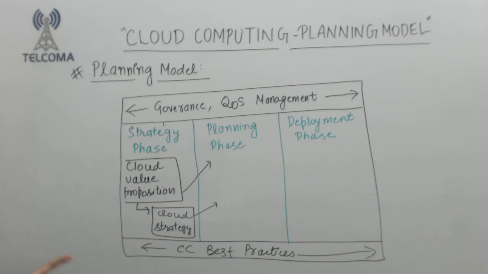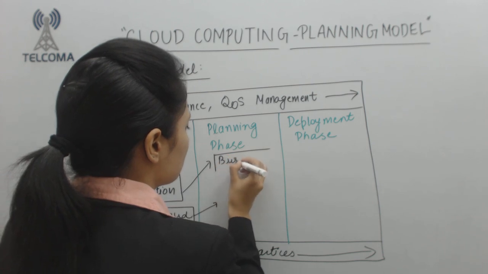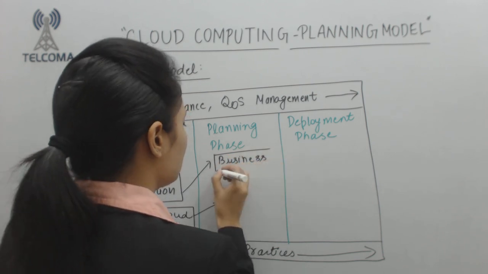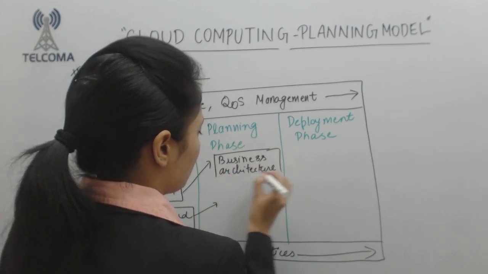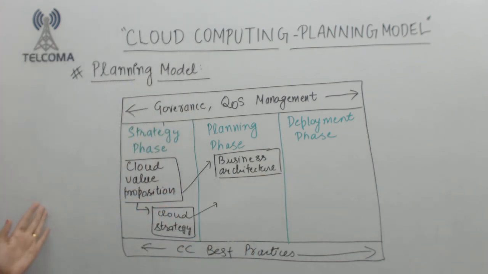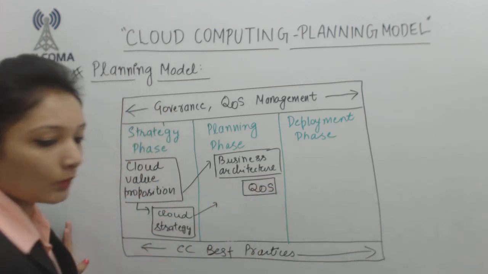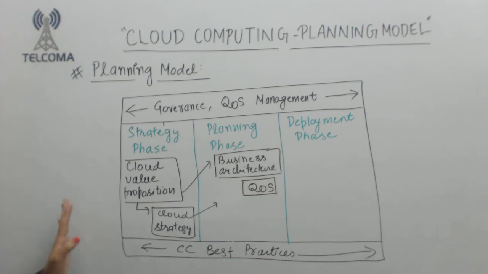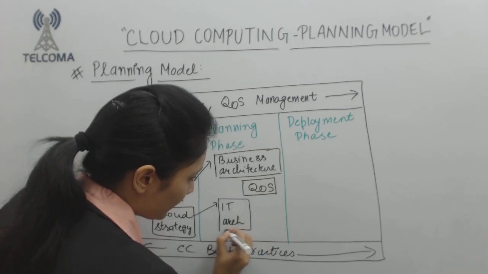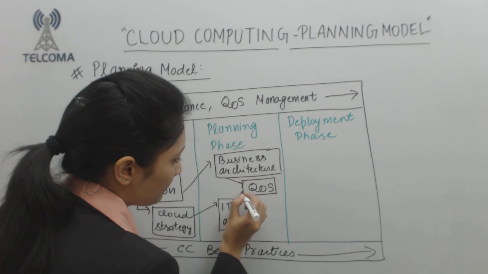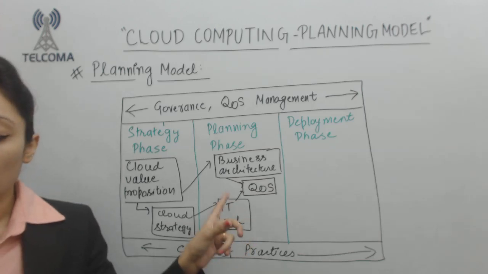It includes a number of steps like your business architecture, then IT architecture. These business architecture and IT architecture both lead to the quality of services.